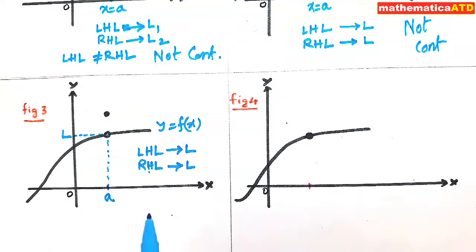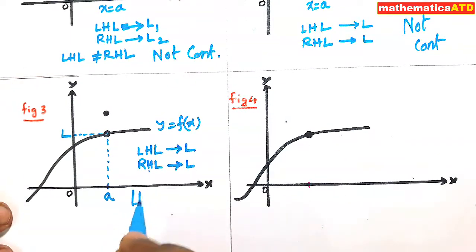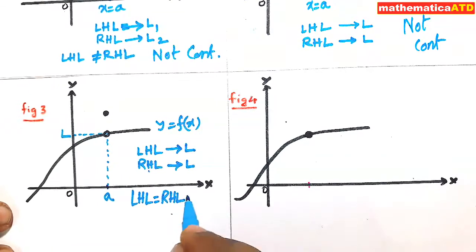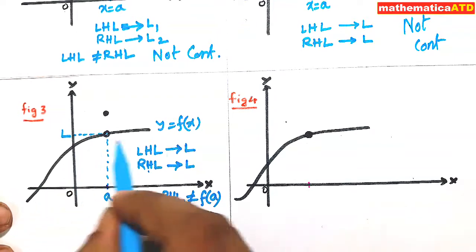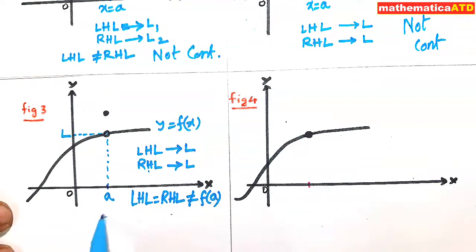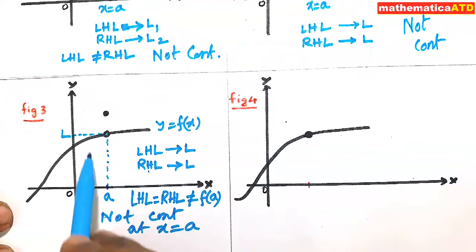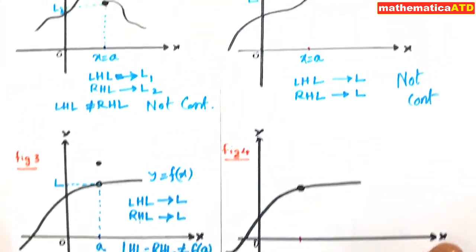But one thing is important here: LHL is equal to RHL, but it is in no way equal to f(a). For this the function is not continuous at the point x is equal to a.